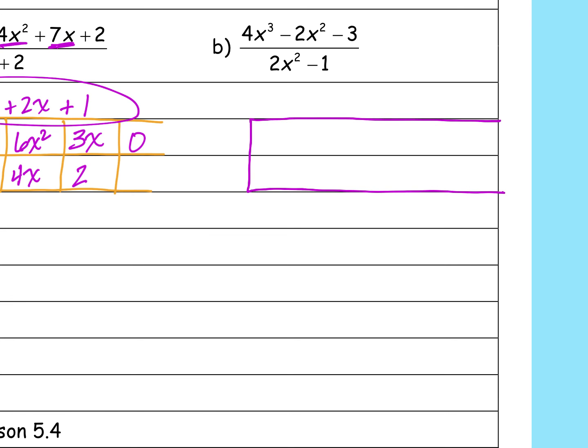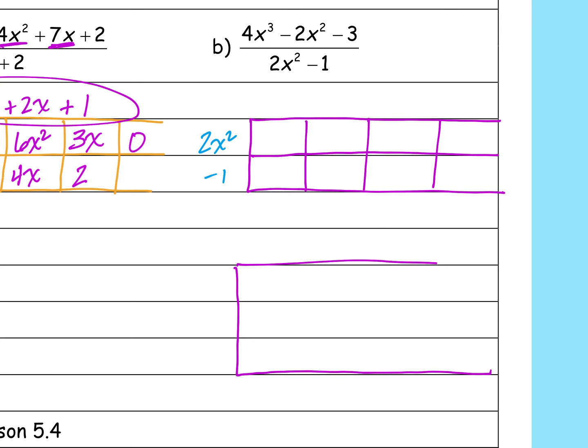With just the two lines because I've got 2x squared minus 1, right? So I can do it this way. Or I can set it up, I'm going to kind of come down here. I can set it up this way with 3 lines because, why do I want to set up with 3 lines?